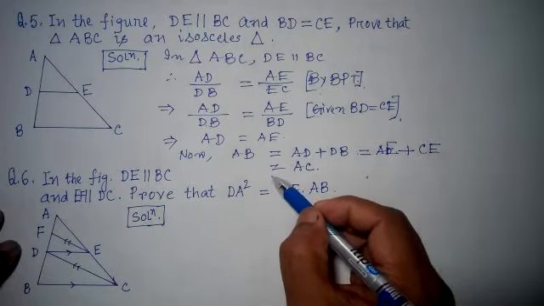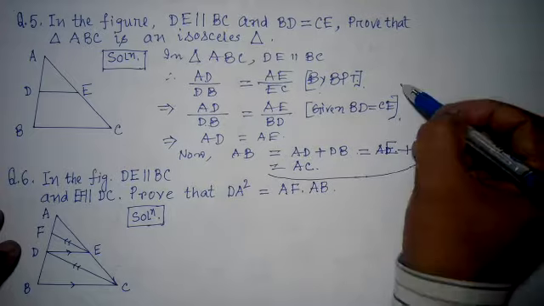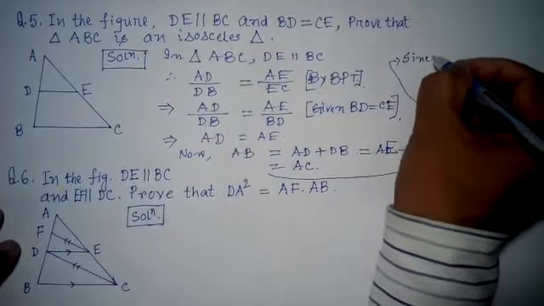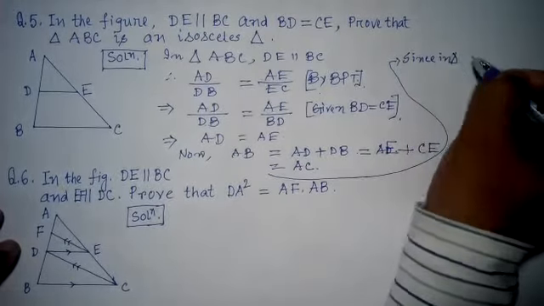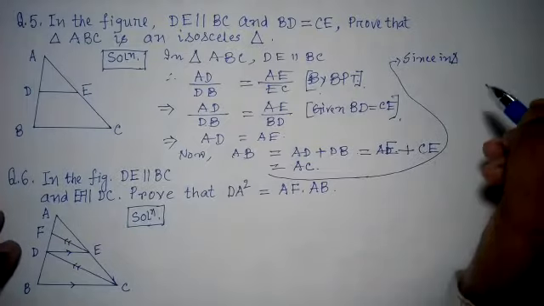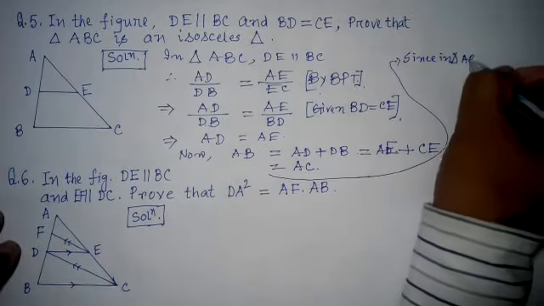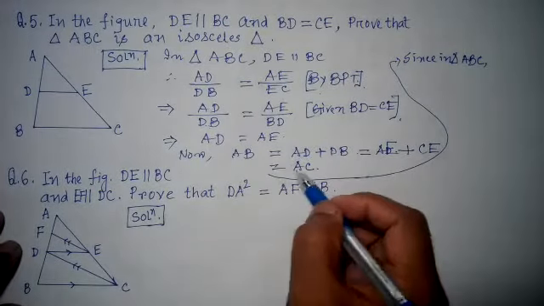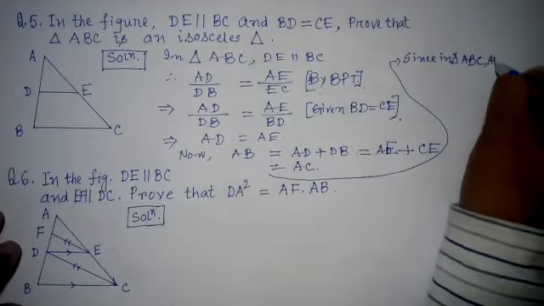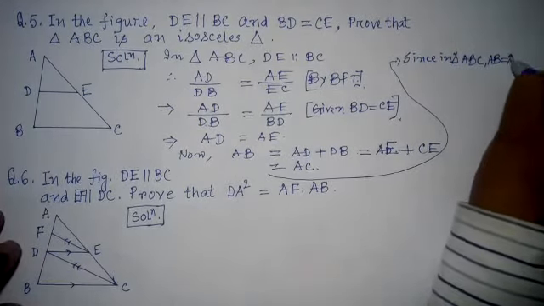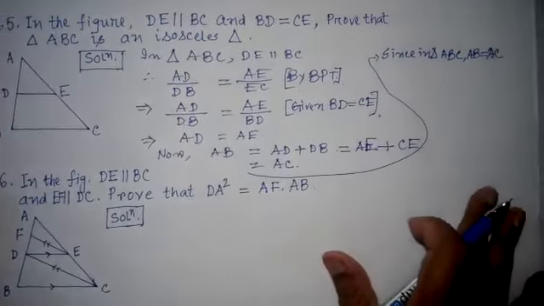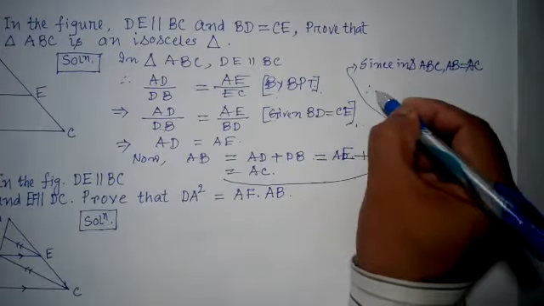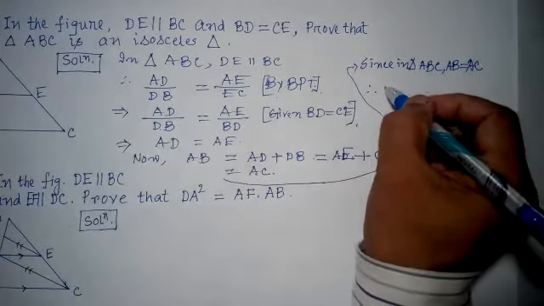So I write the next part. Since in triangle ABC, AB is equal to AC, and in a triangle, if two sides are equal, the triangle is an isosceles triangle.